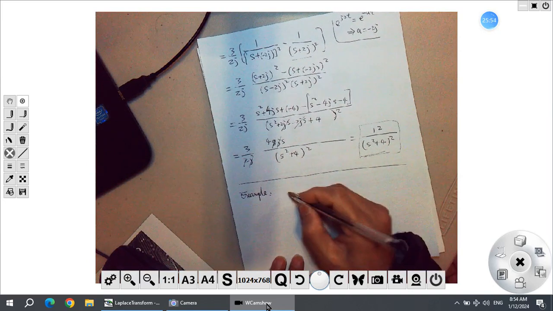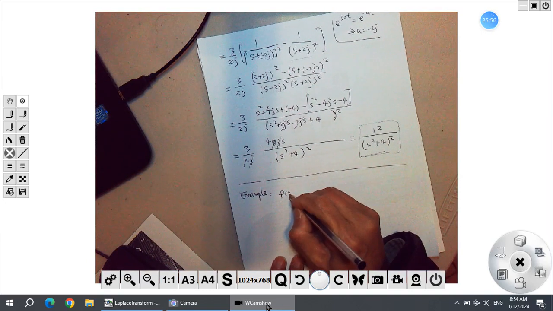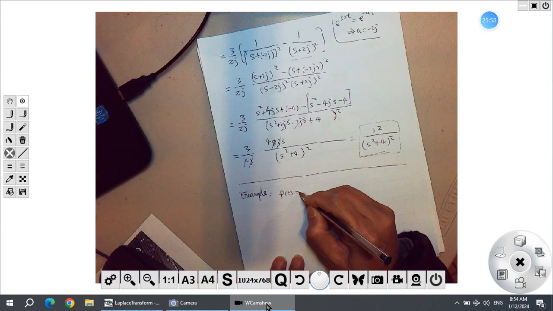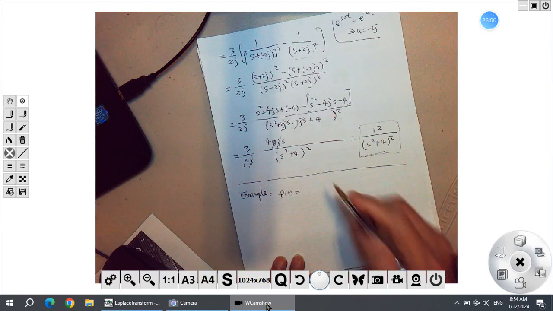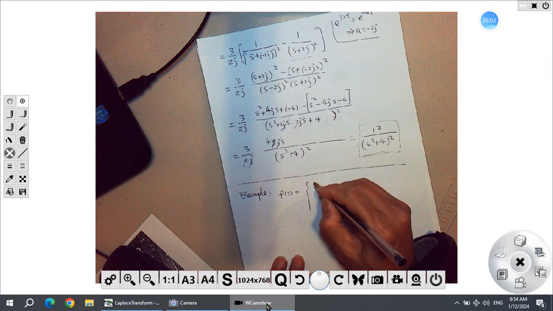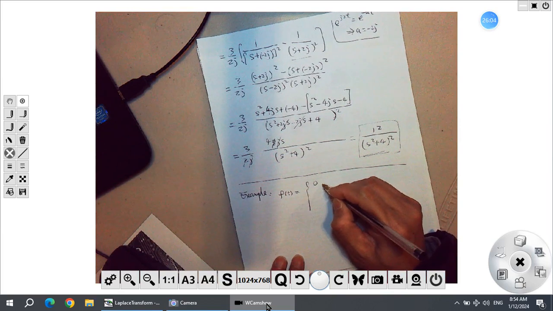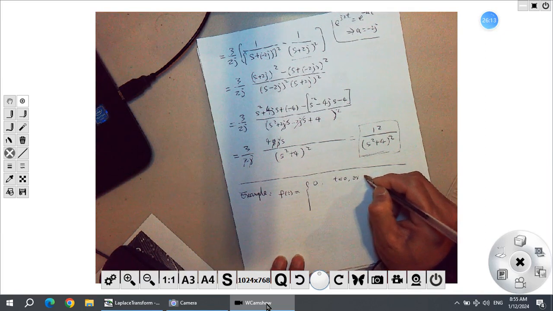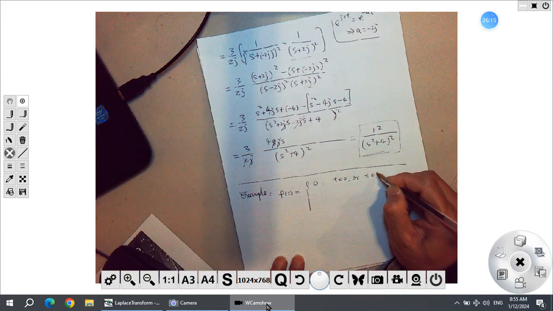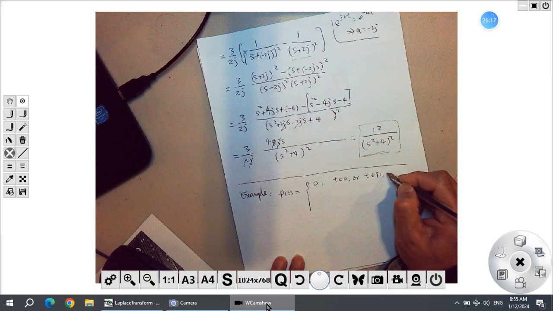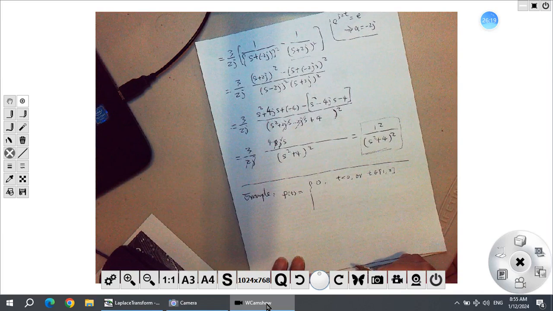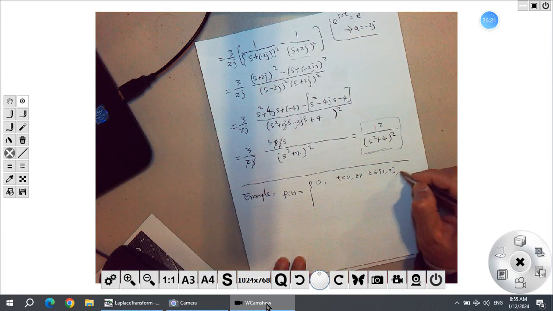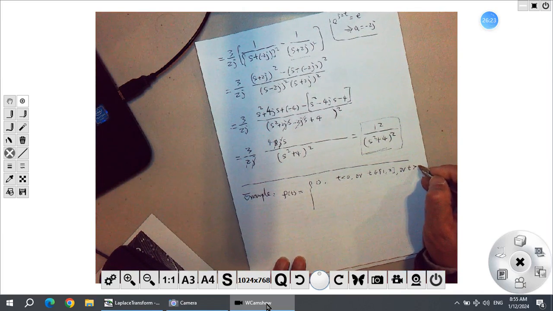Like this. So f of t equals 0 for t negative, or t between 1 and 2, or t larger than 3.